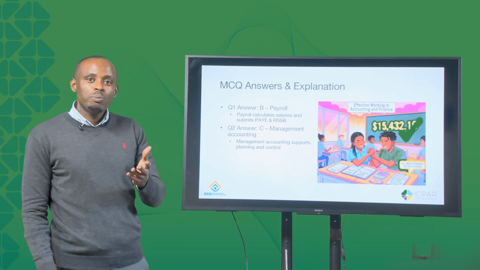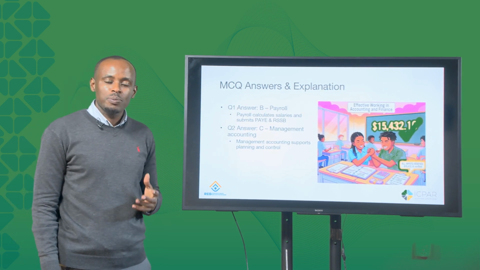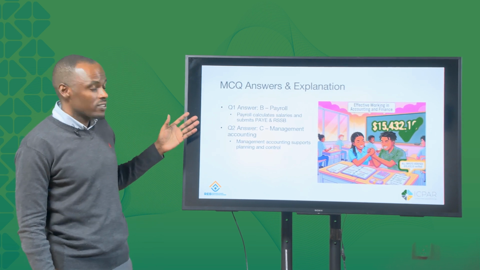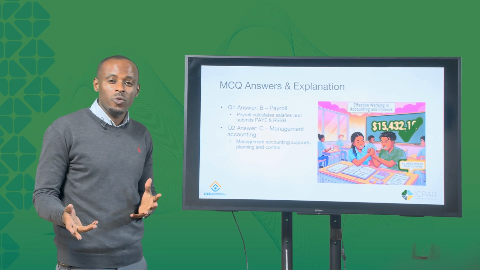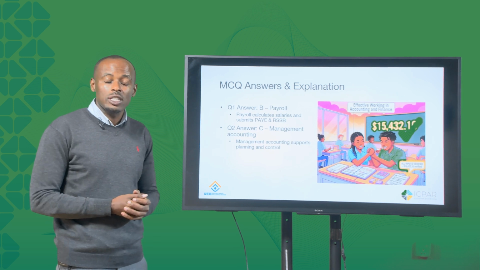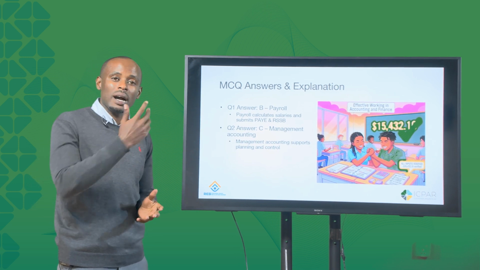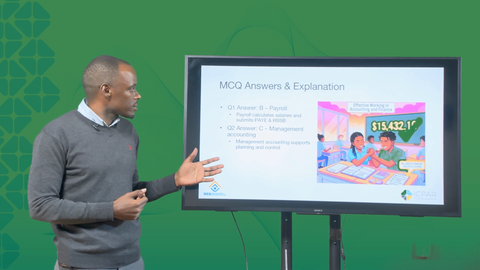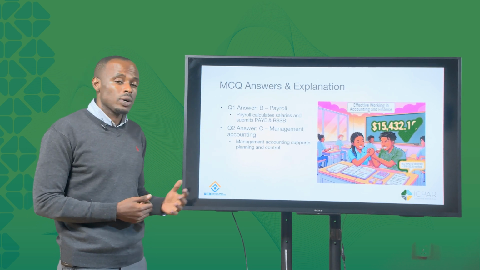Right, okay. I hope you managed to pause the video and answer the questions, and I hope you got these right. But if you didn't get them right, you can try again and go back into the video and watch areas where I explain this. But the first question, the answer was payroll.